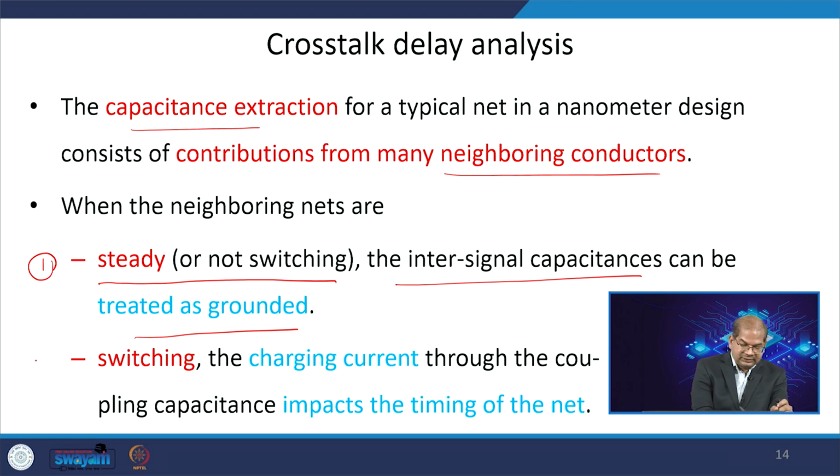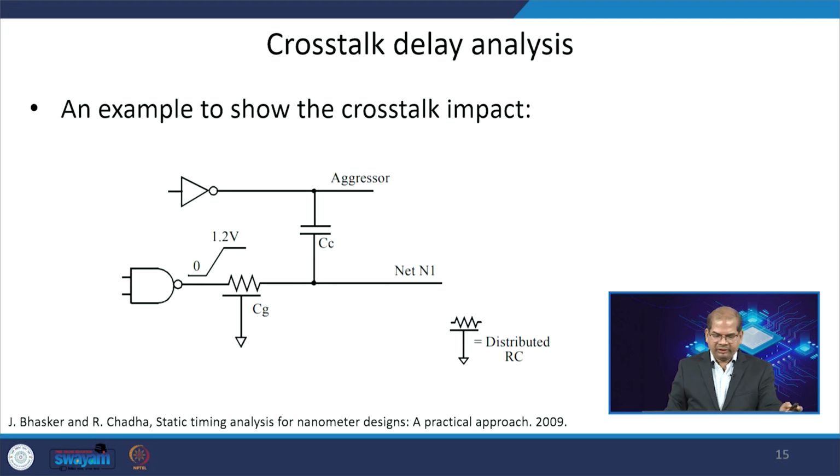And the second case is when it is switching, the charging current through the coupling capacitor impacts the timing of the net. If you look into this diagram, whenever there is no switching in the aggressor net, this CC is called the grounded capacitor.